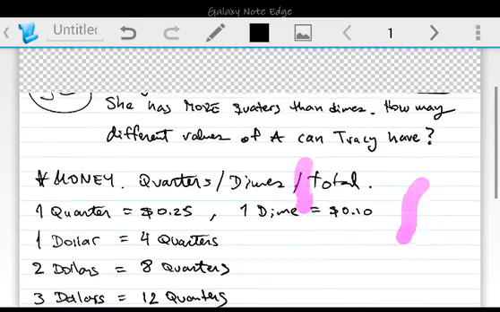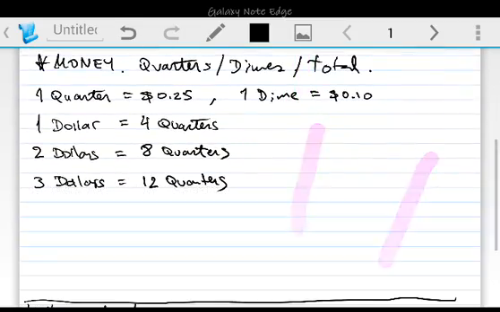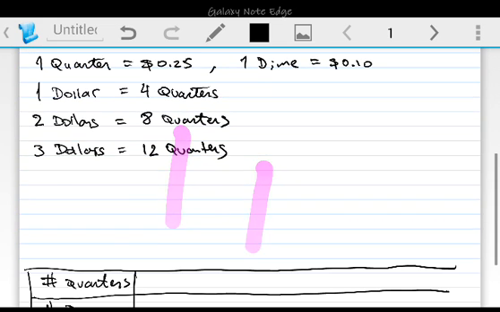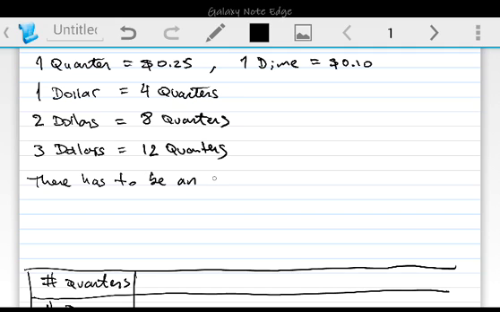So we know that there has to be an odd number of quarters. Let's look at the patterns.